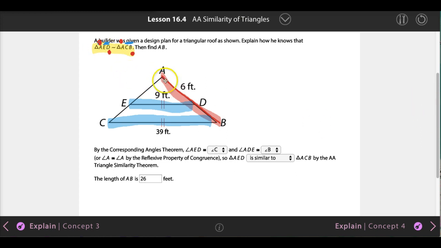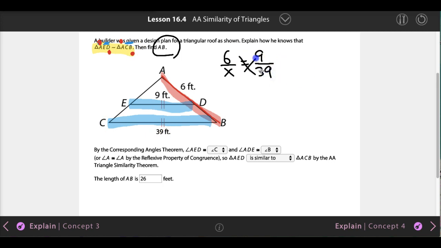So AD is the whole thing, which is X over AB. Oh shoot, I'm sorry. AD is the short thing. The short thing is 6 over, and then AB, and AB is the whole long thing that we're trying to figure out, right? And that's supposed to equal ED, and ED is 9, and then CB, which is 39.